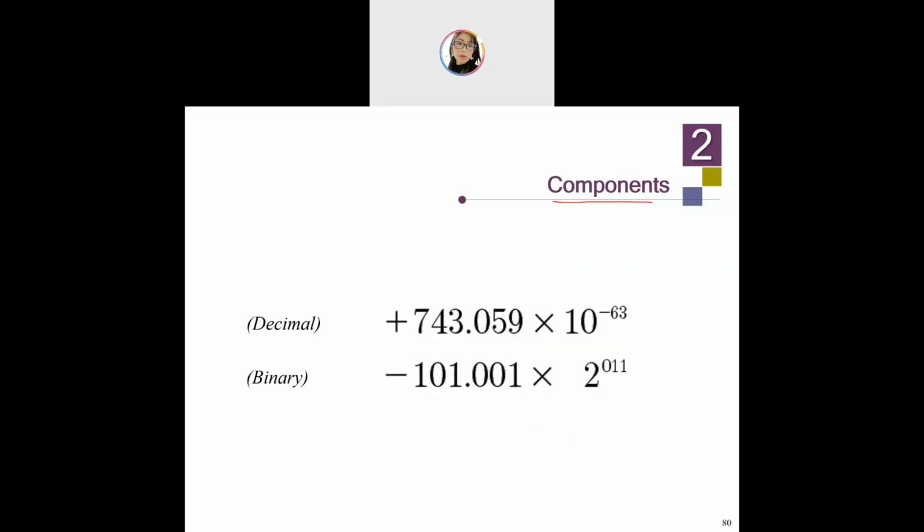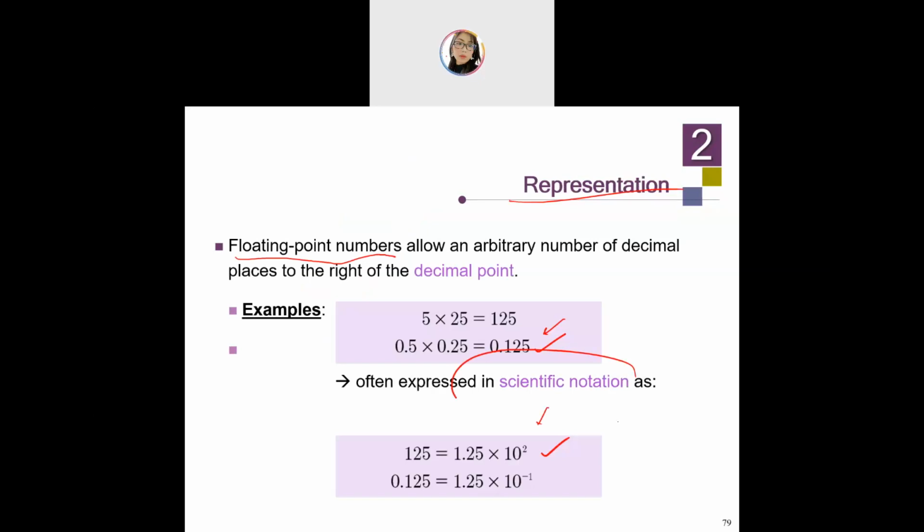Now we have the components. Sometimes we can have a decimal number, and this one is binary. I hope you still remember. In decimal you have 5 base 10, and 101 base 2. These are your base numbers, decimal and binary. But in floating point with scientific notation, what is this number?